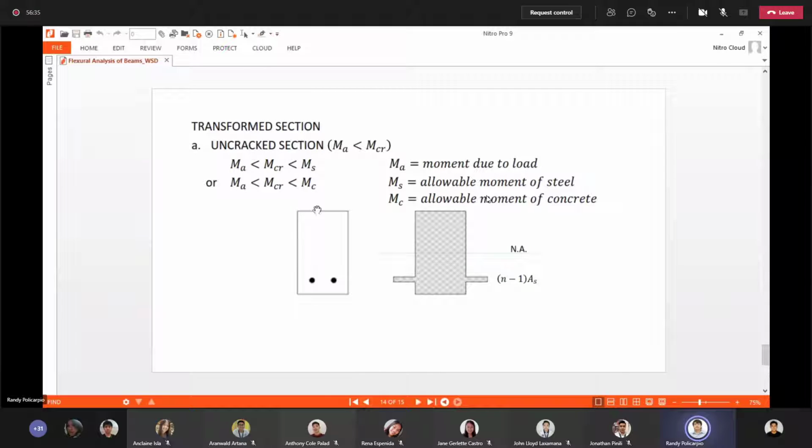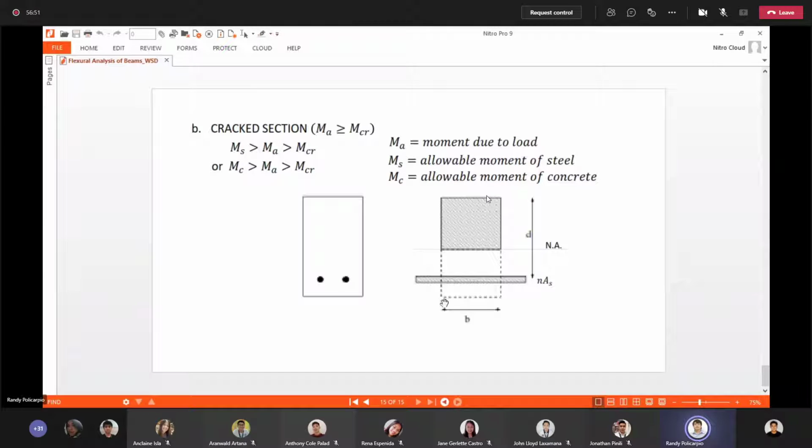Dito sa uncracked section, bakit natin kinonsider buo yung ating section dito sa transform section natin? Because wala pang crack yung ating konkreto. So dito may crack na, kaya hindi na natin i-consider yung below the neutral axis, no?